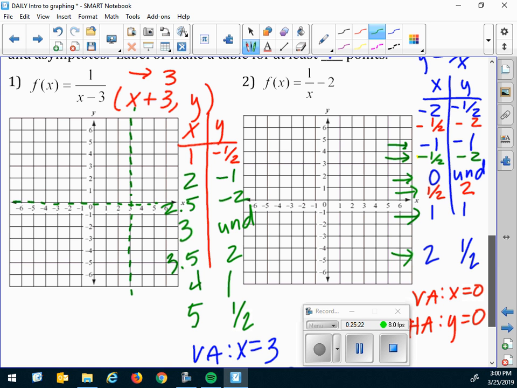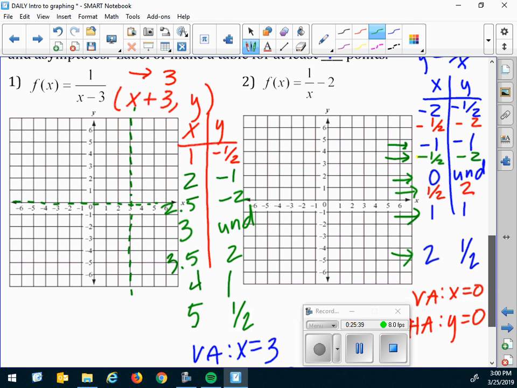Here's what I'm going to tell you. We're going to do the first two of these problems where we're going to find 7 points. After that, I'm going to cut you back to 5, because I just want you to see it with more points at first when you're learning.